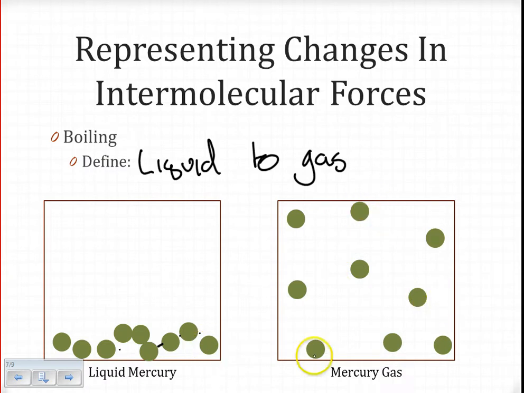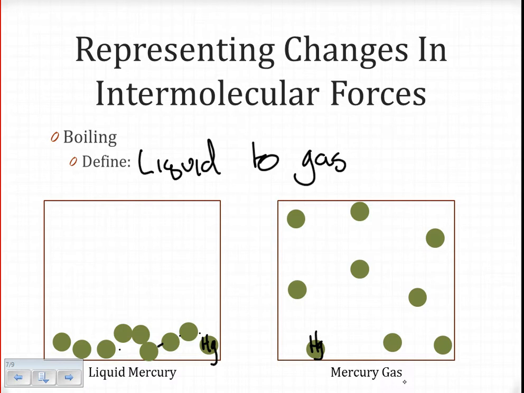Have we changed what the two things are? No, we haven't changed that this is a mercury atom and this is a mercury atom. So it's a physical change, but it just merely looks different because we're overcoming or changing the intermolecular forces. So that's the fundamental difference between a chemical and a physical change.